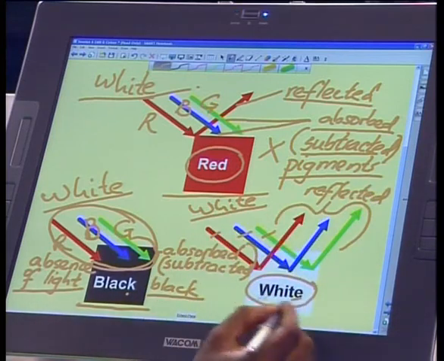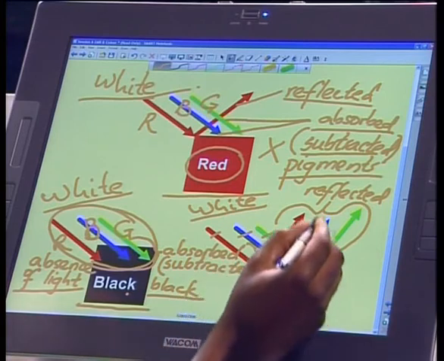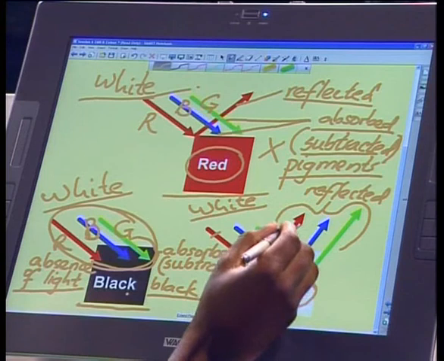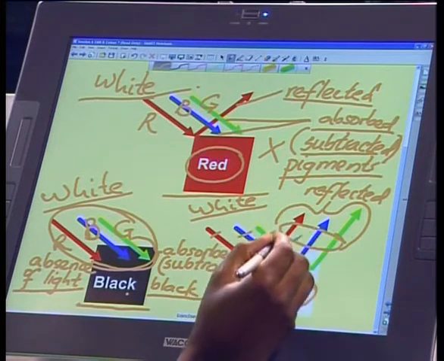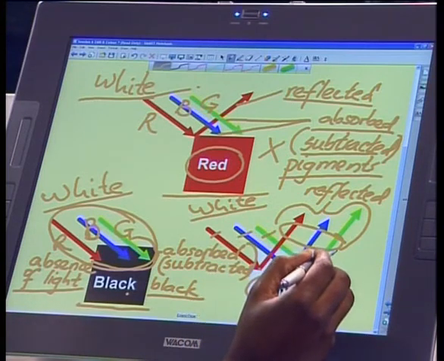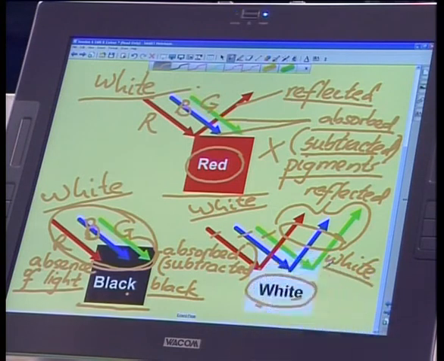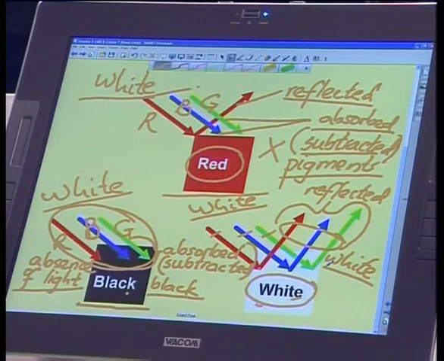None of them is absorbed or subtracted. So because all the three are reflected, and the three we know they come together to give us white, it makes us see this object as white. It could be a white shirt, a white mug, white whatever. Okay, so that's how we see or perceive objects around us.